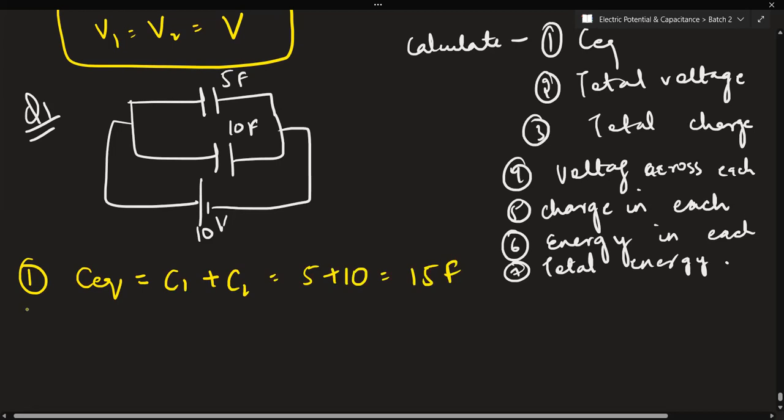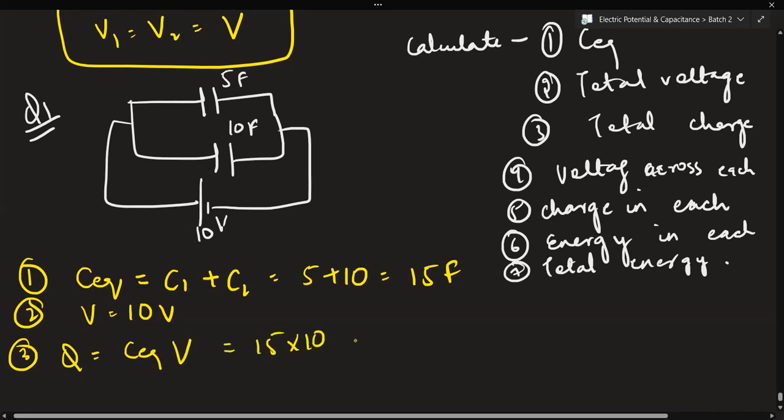So easy. Second part says total voltage. Total voltage will be 10 volt. Total charge. Total charge is what? Total capacitance multiplied by total voltage. So this is 15 multiplied by 10, which is 150 coulombs.